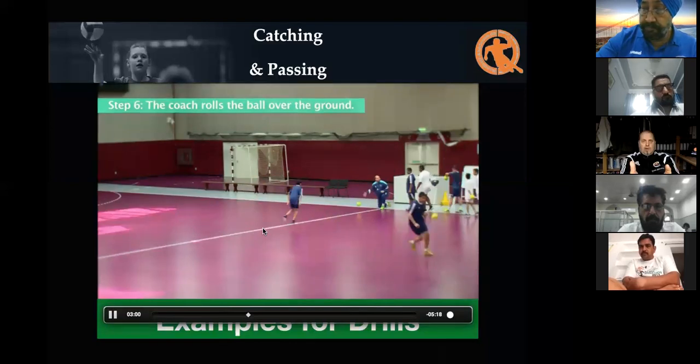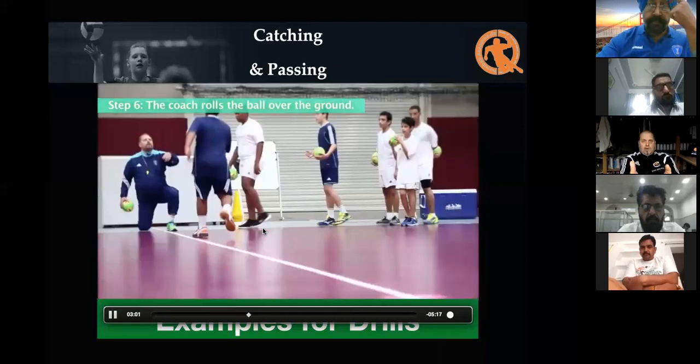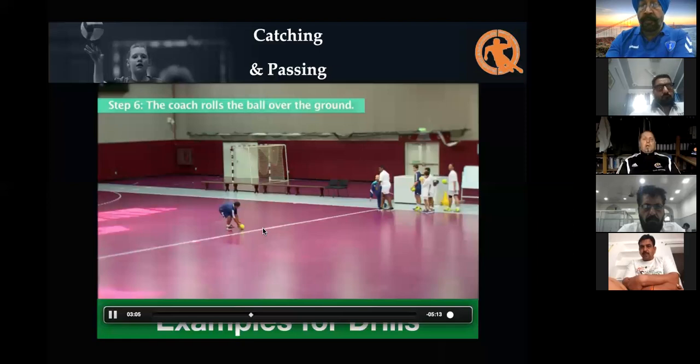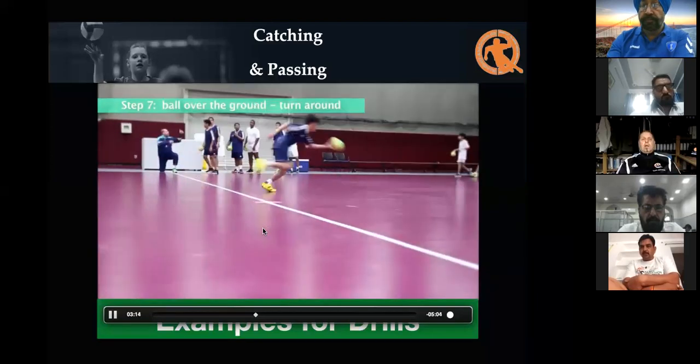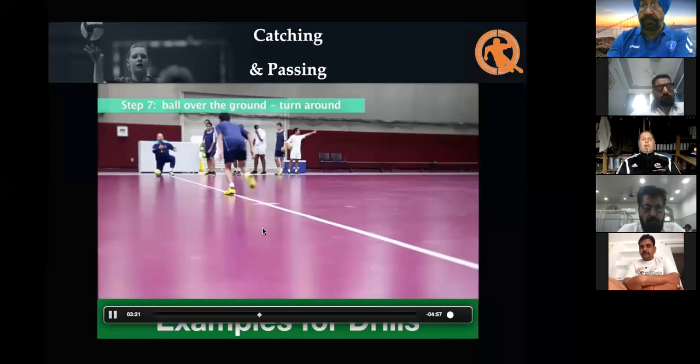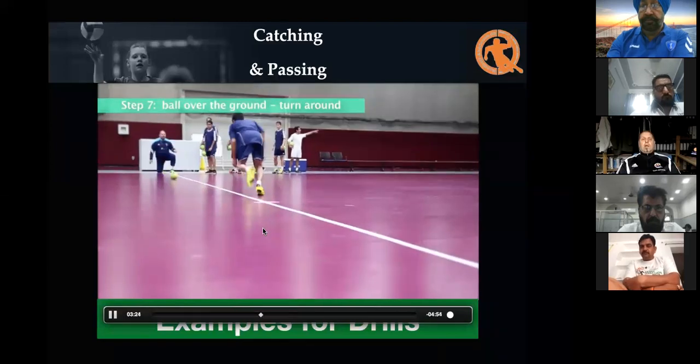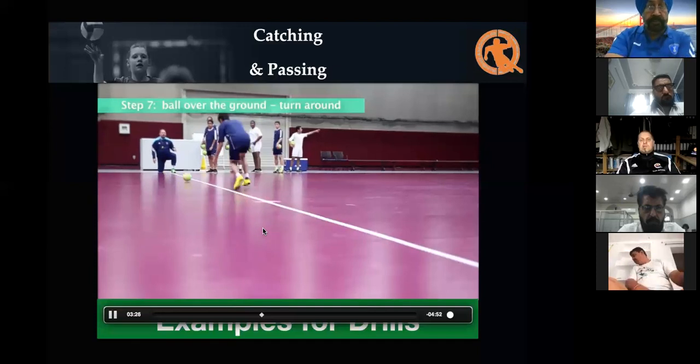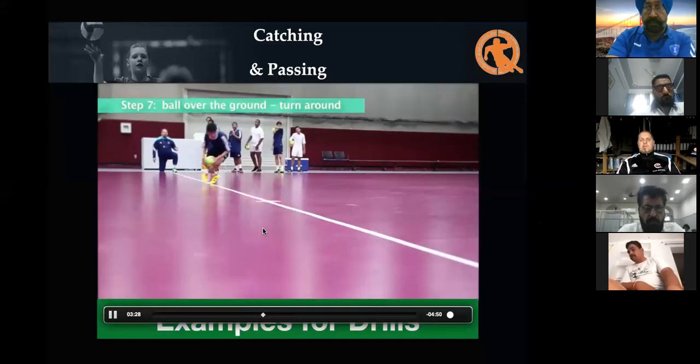And they have to observe the ball. So they go back very quickly, or should go back very quickly. And by the time the ball is coming, they speed up, go to the ball, and then catch it up. First step, 90 degrees. Second step, now catch it, turn 270, and go to the goal.